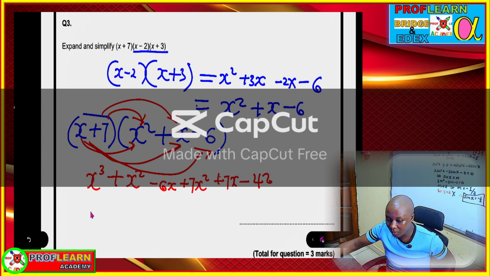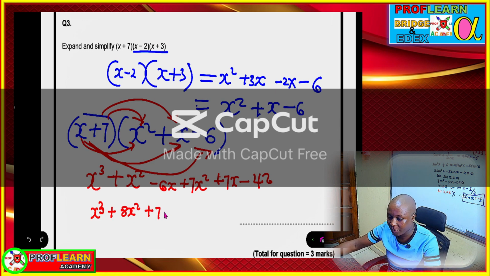Now we shall put the like terms together. We shall have x cubed, plus 8x squared, plus 7x, minus 6x, which will be just x.